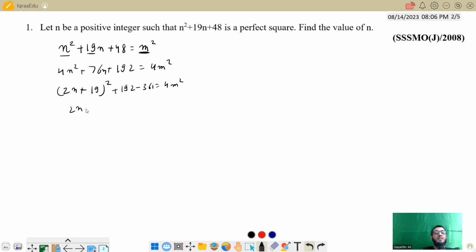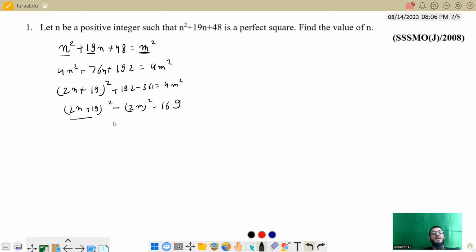So 2n plus 19 whole square minus 2m whole square is equal to 361 minus 192, which is 169.